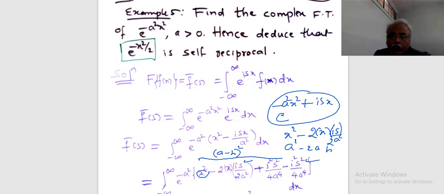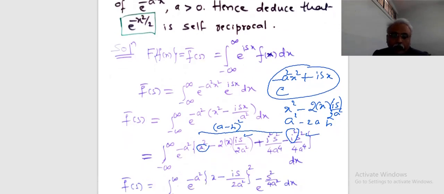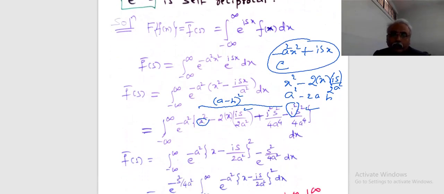While extracting outside, keep in mind that i square is minus 1. Here one minus sign, here one minus sign, here one minus sign, 3 minus signs. Totally e raised to this will come out. I am writing the perfect square first, x minus this squared, a minus b whole square: e raised to minus a square into a minus b whole square.